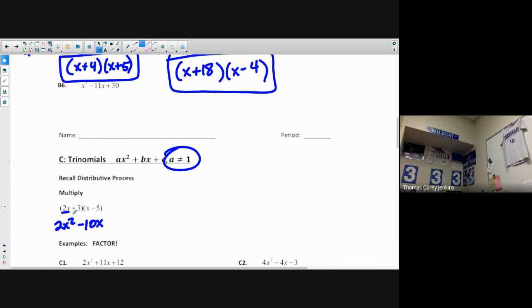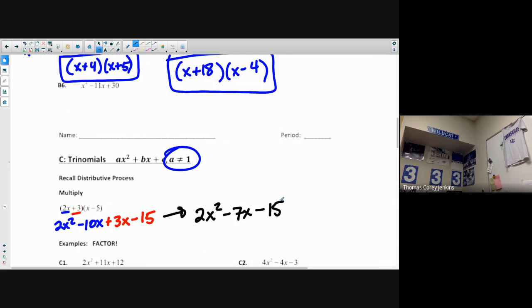Then distribute the plus 3. 3 times x is plus 3x. 3 times minus 5 is minus 15. Altogether, that'd be 2x squared minus 7x minus 15.